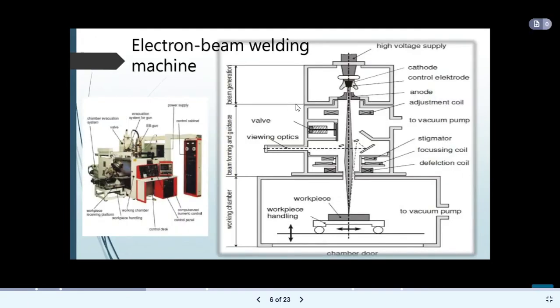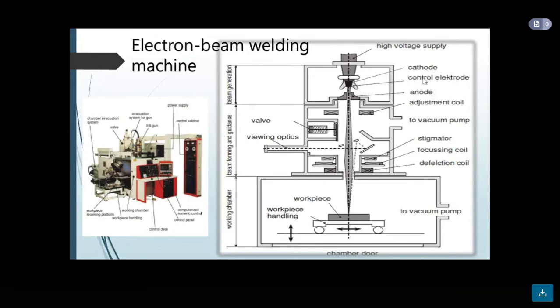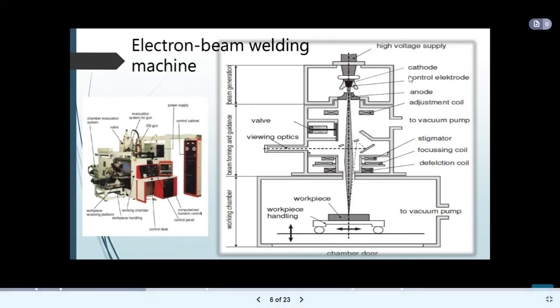This image will show how this setup is arranged. Here we have the high voltage supply. Here is the cathode, which is made up of a tungsten filament, and here is the anode. We can identify this because the negative terminal is given to the cathode and the positive terminal is given to the anode.